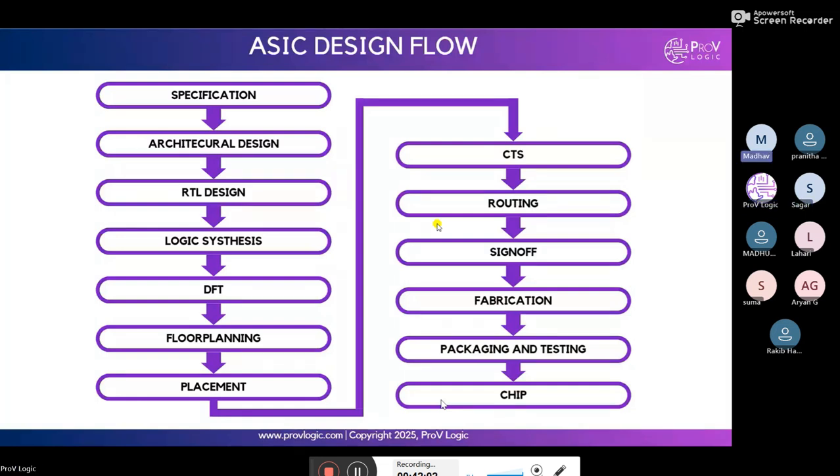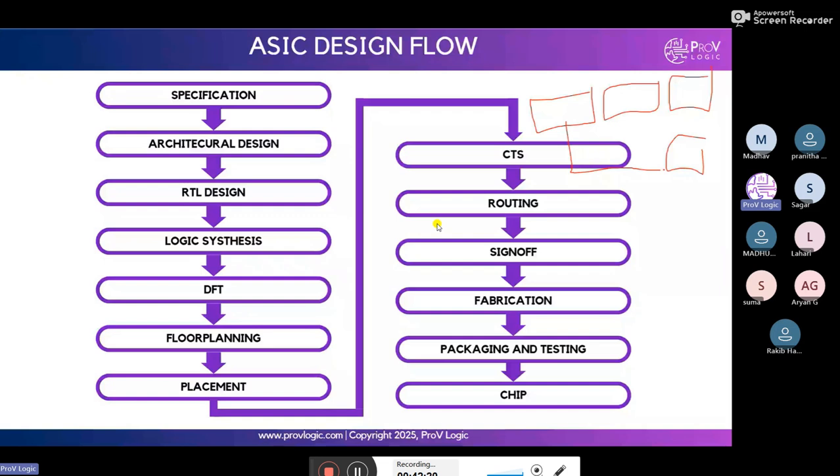Ma'am, what exactly does clock connection mean? Clock connection means the synchronization between all the circuits, from the SOC to the memory, and the memory to some debugging unit and to IO peripherals.